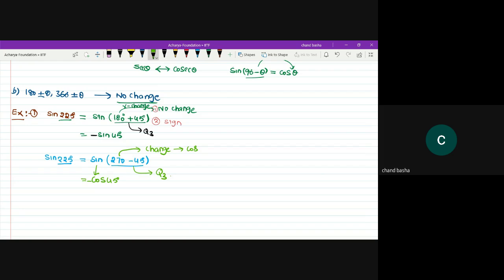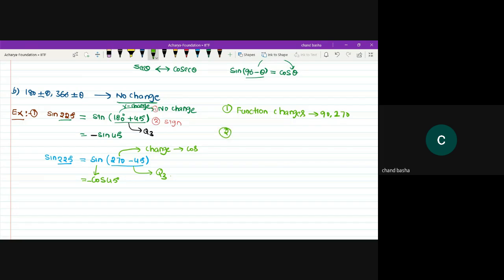Two points you have to observe when we are finding an angle which is more than 90, guys. What is the first point? Does the function change? Point number 1: the trigonometric ratio changes, when you are using either 90 plus or minus, or 270 plus or minus.